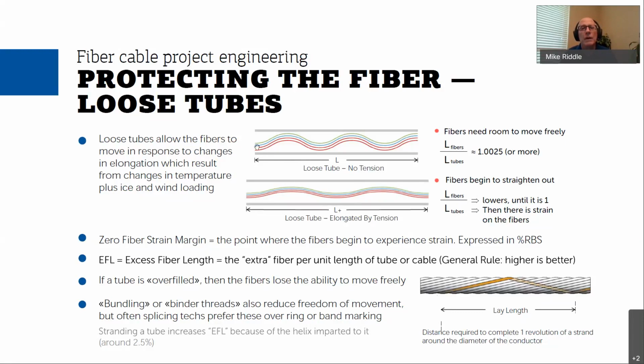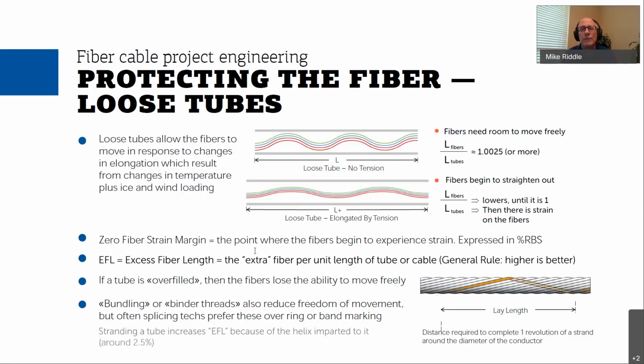Now, an important concept about this is what's called in our industry excess fiber length. That's the extra amount of fiber per unit length of tube or cable. It applies to both the tube and the finished cable. And as a general rule, you want as much excess fiber length as you can get. The excess fiber length directly relates to the zero fiber strain margin.